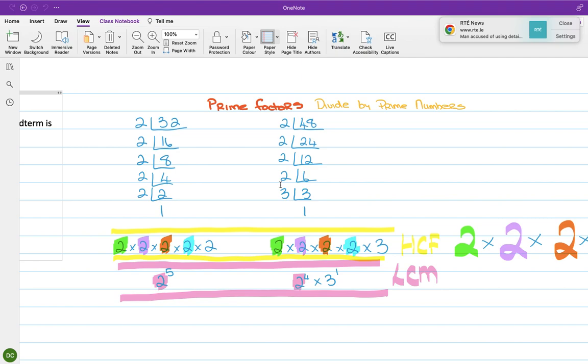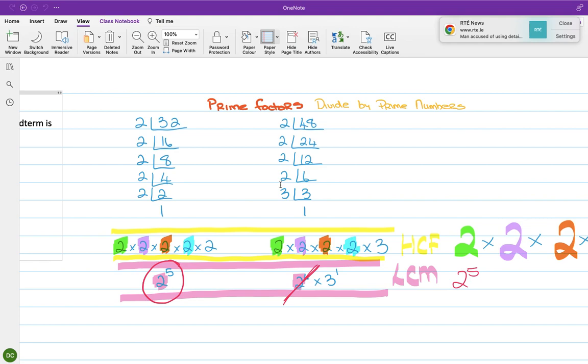Which one do we take? Mayumi? We take the higher power, which in this case is that one. So we're going to put that one into our answer and we're going to eliminate the other one. So find the matching 2s, keep the higher one, eliminate the other one. Any more matches? No.